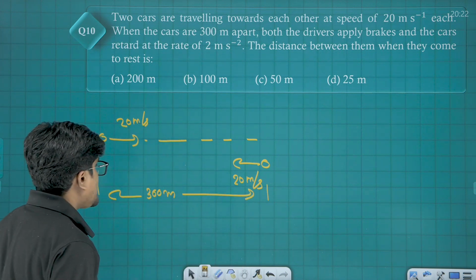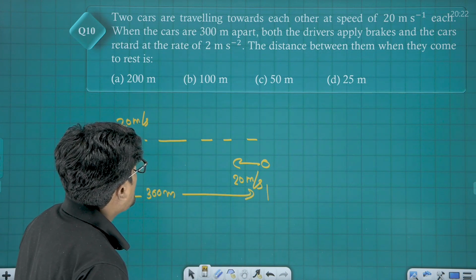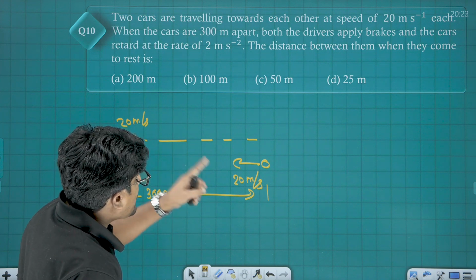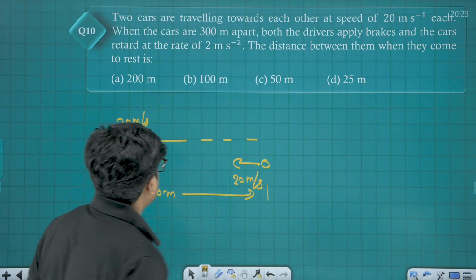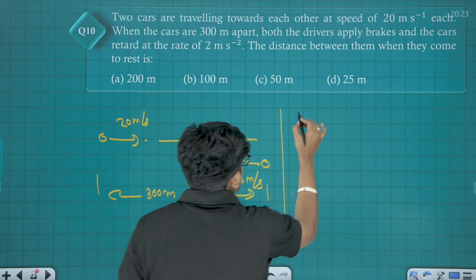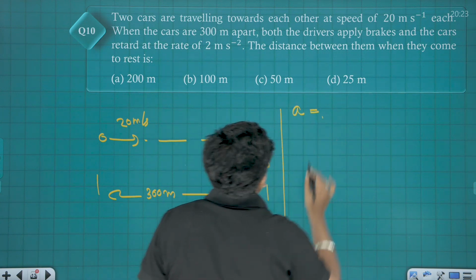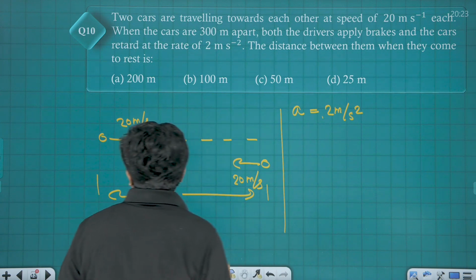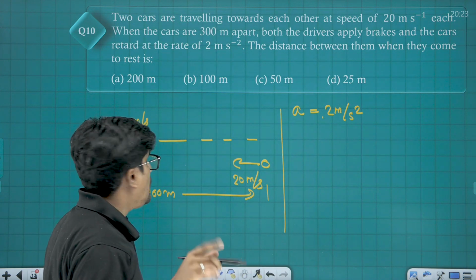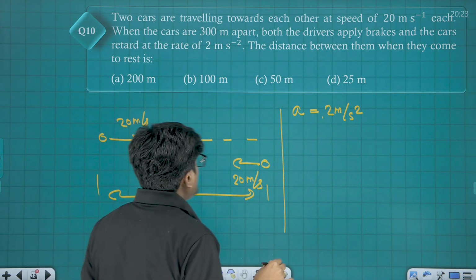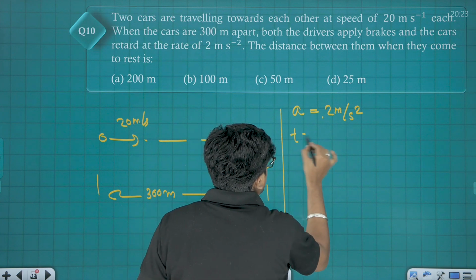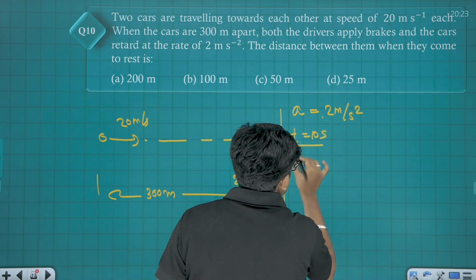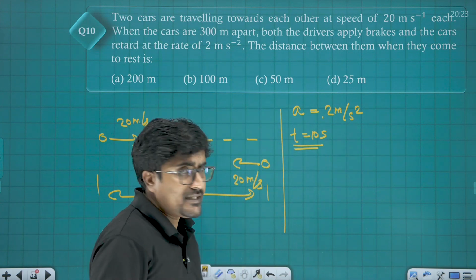Both drivers apply the brake and the cars retard at the rate of 2 meter per second square. That means if the car is having a speed of 20, it is going to take a time of T equal to 10 seconds. So the time for stoppage is 10 seconds.